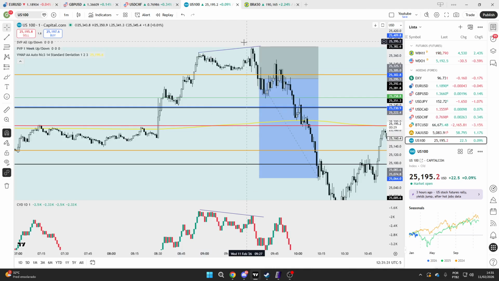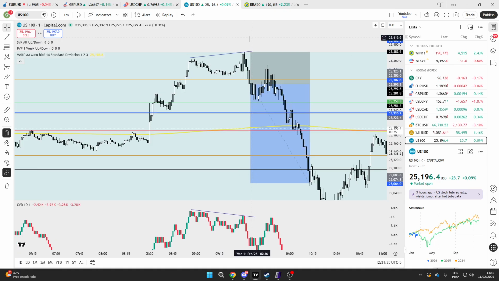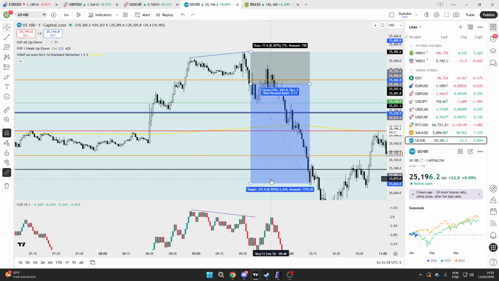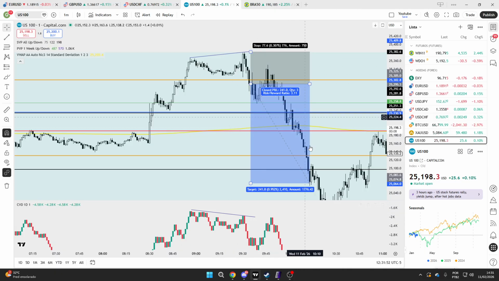You need to see players accepting this price. In this case, the CVD divergence confirms for us that the buyers are not in control right here. You have no volume to sustain this long, so most likely we're going to push price lower. And that's exactly what happens.